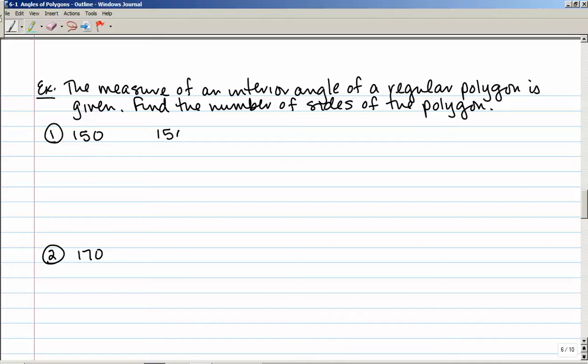So one angle is 150. I multiply that by the number of sides, which I don't know, because that's what I have to find. And that should be equal to our formula for the sum of the interior angles of a polygon. So that's going to be 150n equals 180n minus 360.